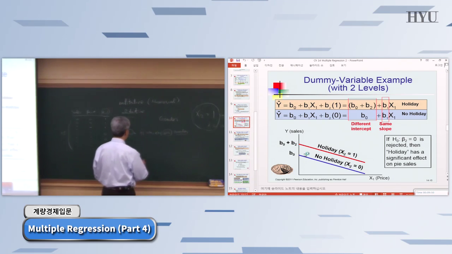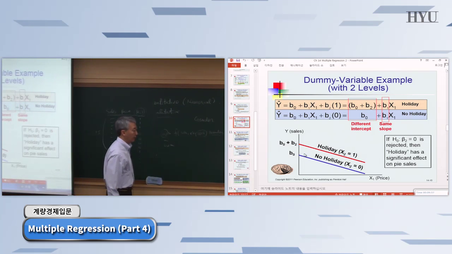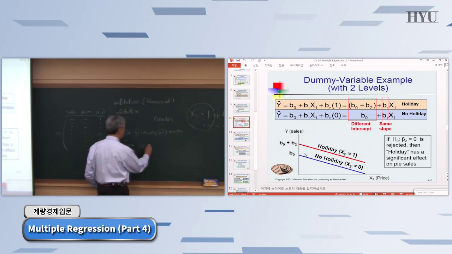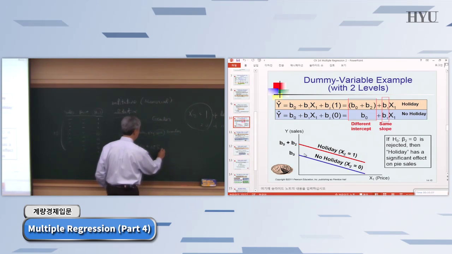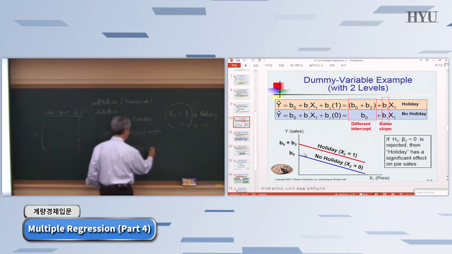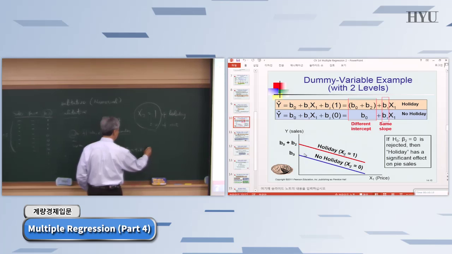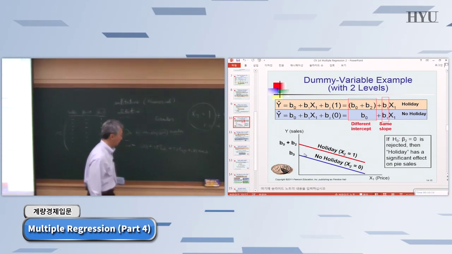Let's say I estimated somebody's wage, and I come up with, say, 2.69 plus 1.5 schooling plus, let's say, 2.1 experience and plus 0.85 gender. Okay?